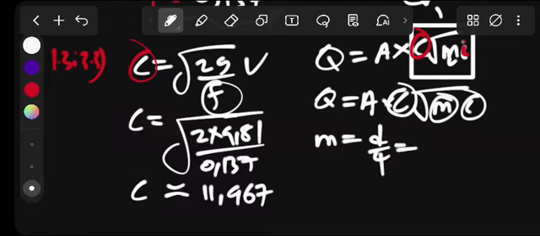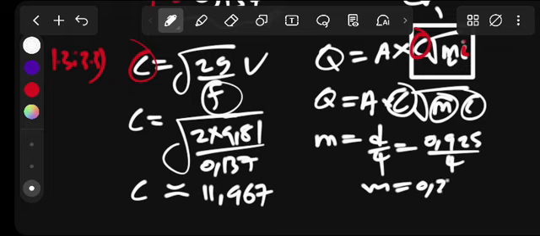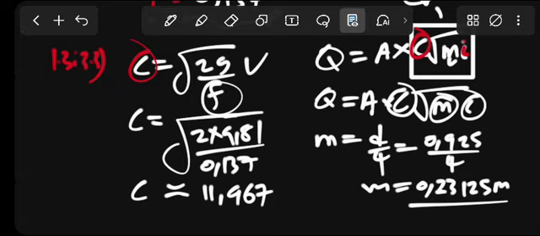The diameter is the one of the pipe, the one that was 0.925, divided by 4. Then our M will be equal to 0.23125 meter. That is our M there.